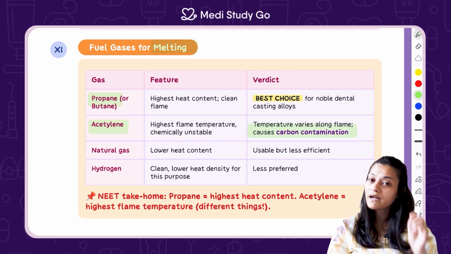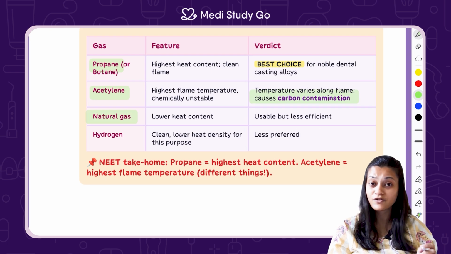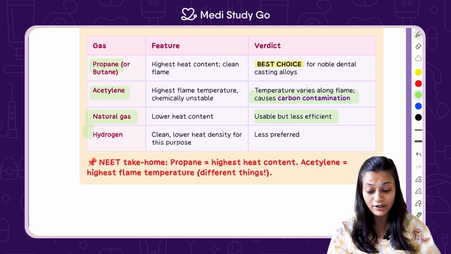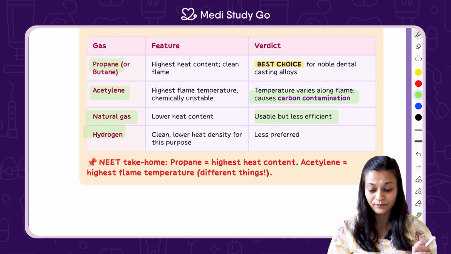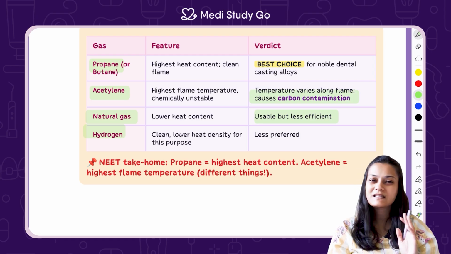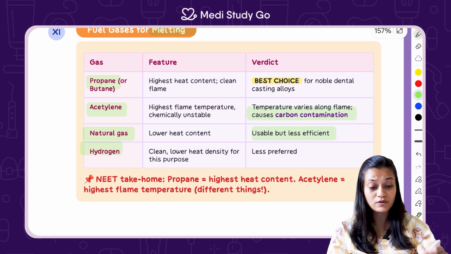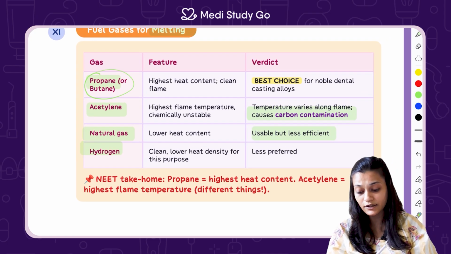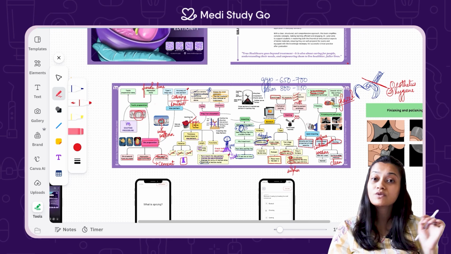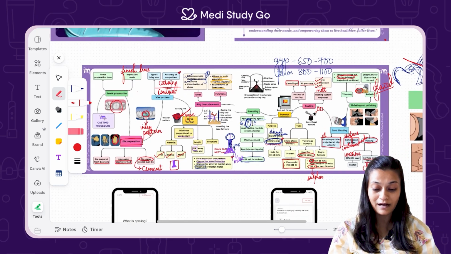So pickling becomes very important here. Natural gas is useful, but it's slightly less efficient. Hydrogen provides a clean flame, but it has lower density and hence it's not very widely used. So something that is going to be routinely used is my propane or butane burner. So this was about the basics of your casting procedure.